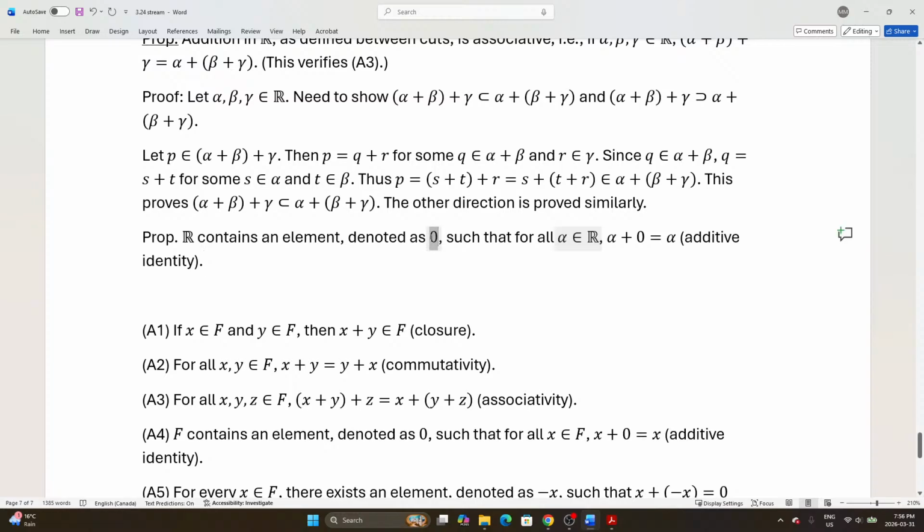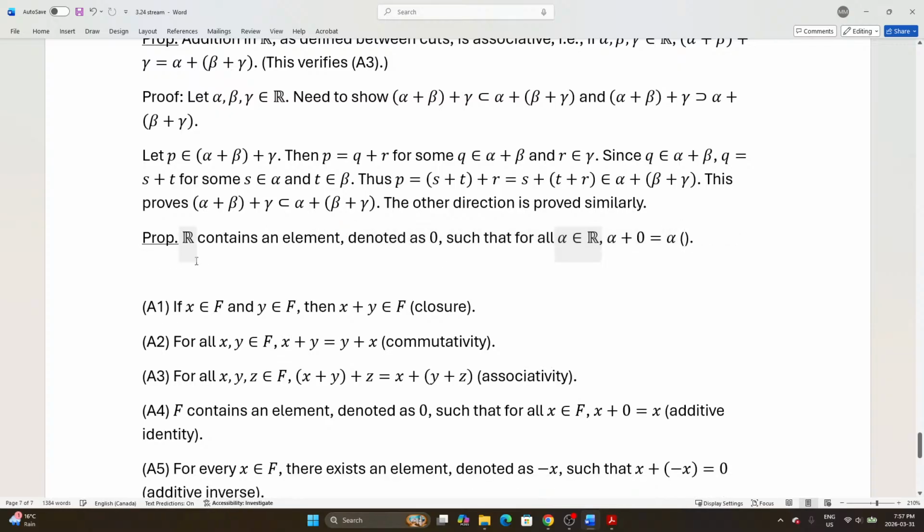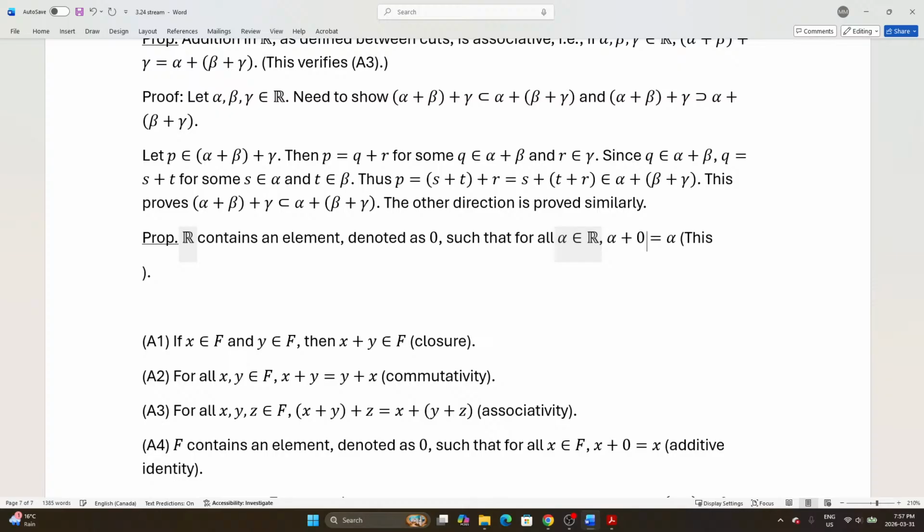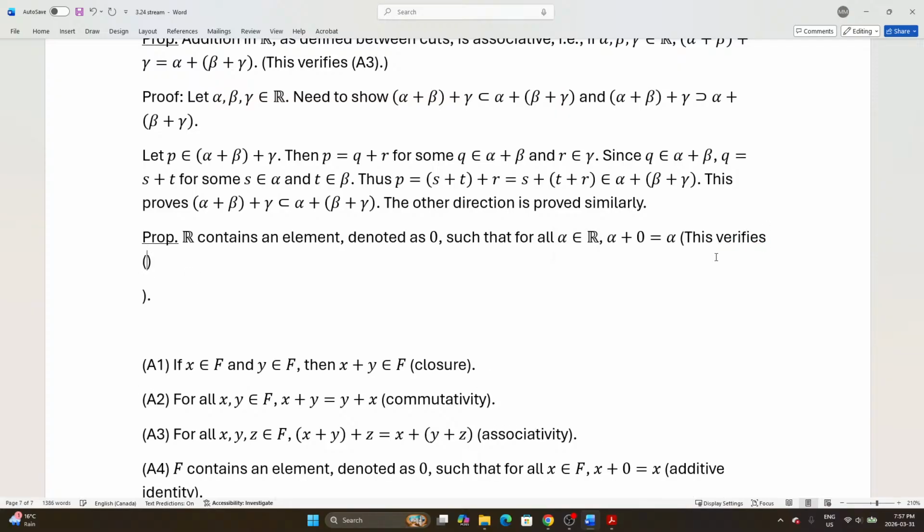So we need to actually define this cut. Well, that's just the cut that contains all the negatives. That's it. So this verifies A4. We first define 0, and then we verify the identity. It's not a very difficult proof.